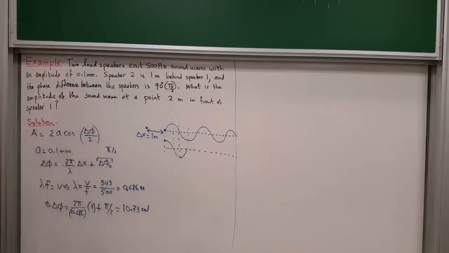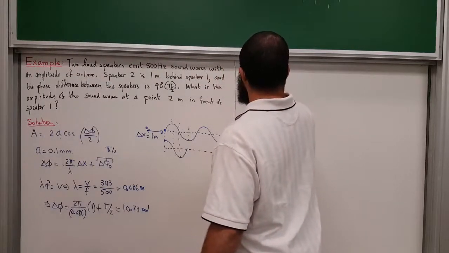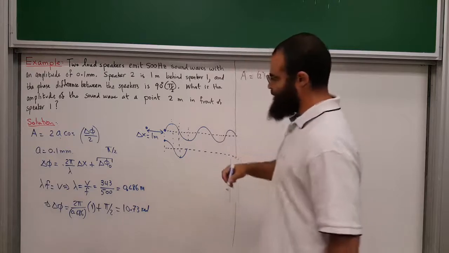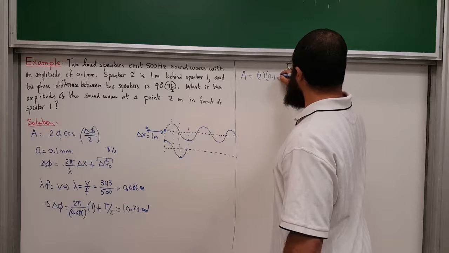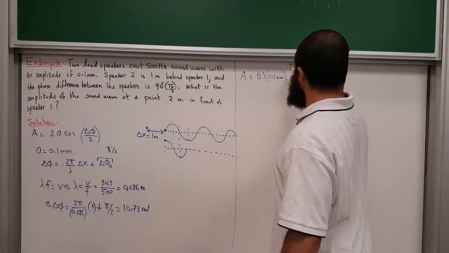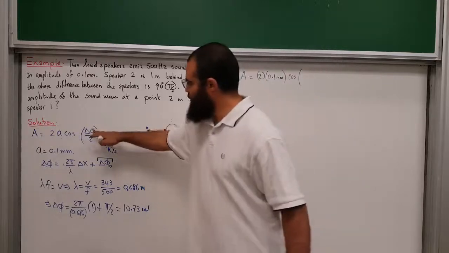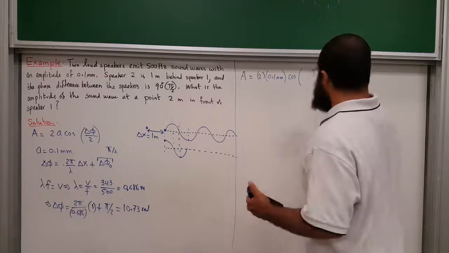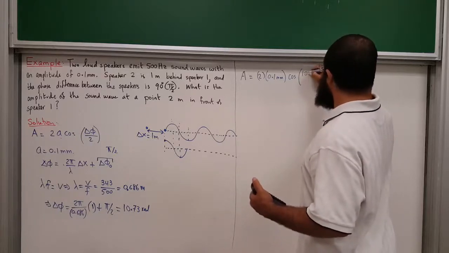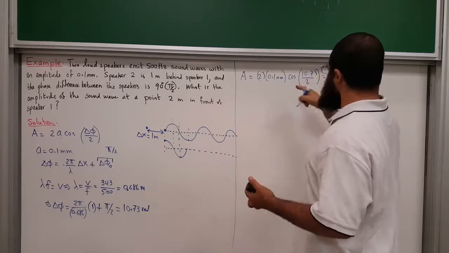That's the phase. And so the amplitude A will equal 2 times 0.1 millimeters, since little a is in millimeters, I'm going to leave it as millimeters, times the cosine of delta phi divided by 2. Make sure you set your calculator to radians. So 10.73 over 2, and then take the cosine.